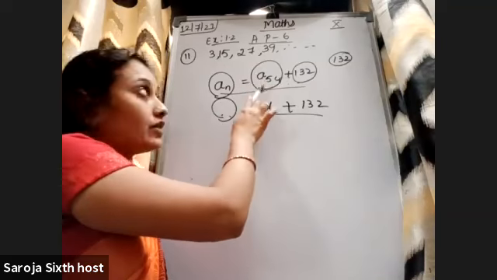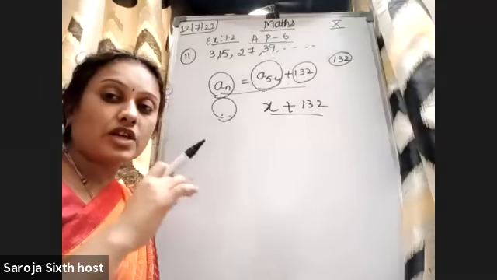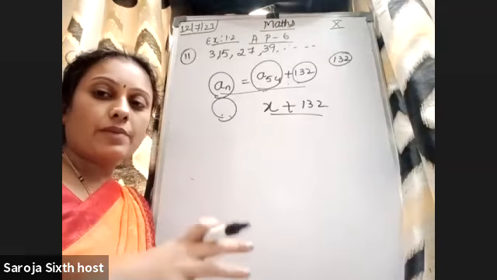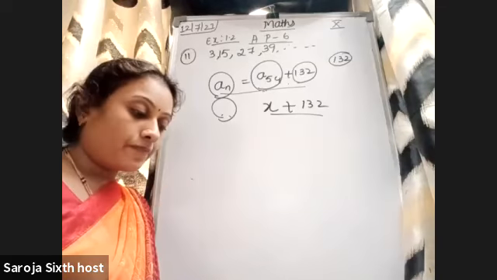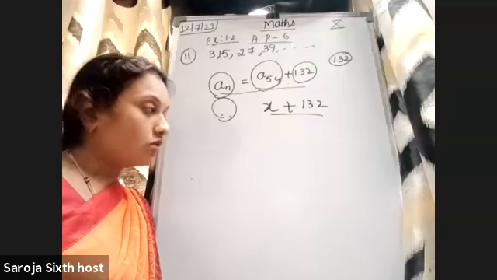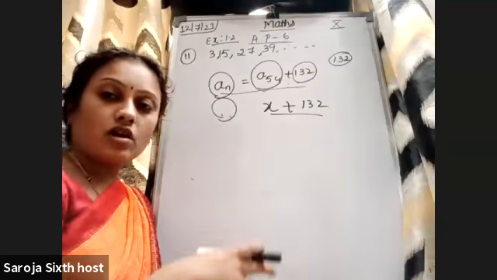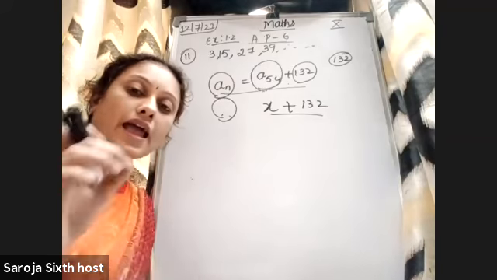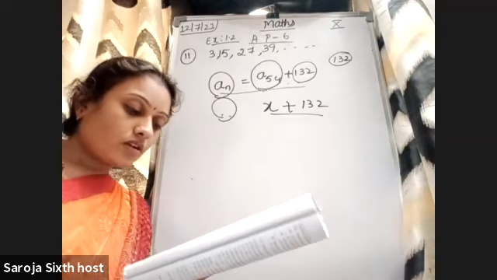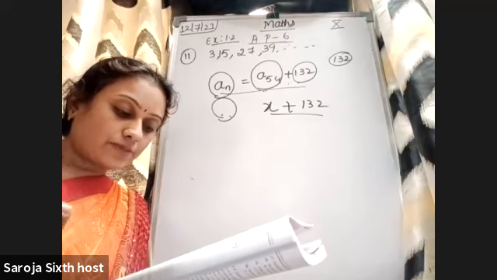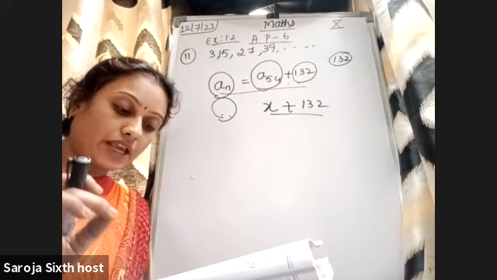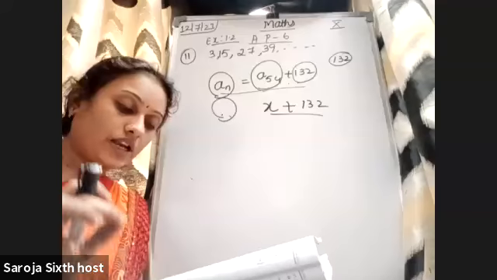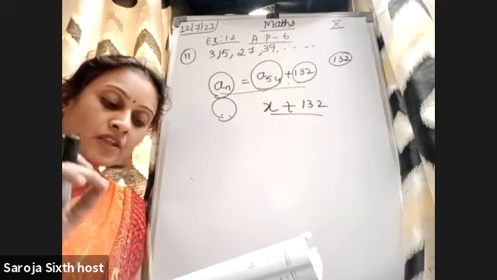Express this a_54 and a_n in the general form, that is a_n is equal to a plus (n minus 1) into d. You substitute the d value and a value, then solve it, and you will get the n value. Here, what should we find out? The n value.